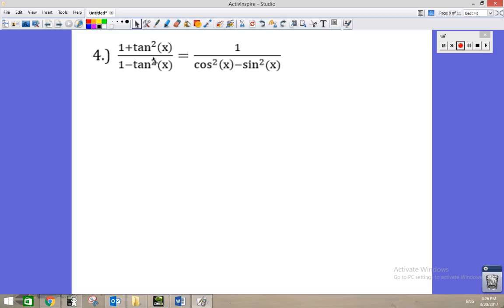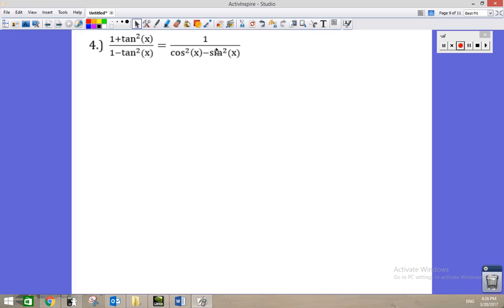I'm actually going to start with the left-hand side and see if by factoring, or by changing that to secant squared. Let's start with the left-hand side. I don't remember how to do this one exactly, so let's see if we can figure it out together.